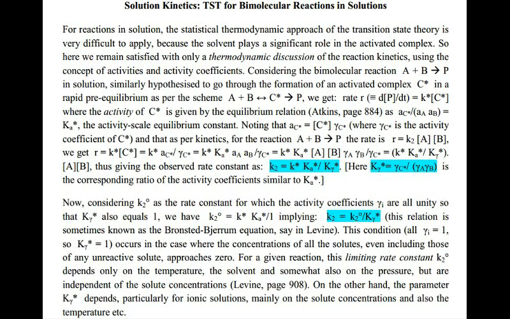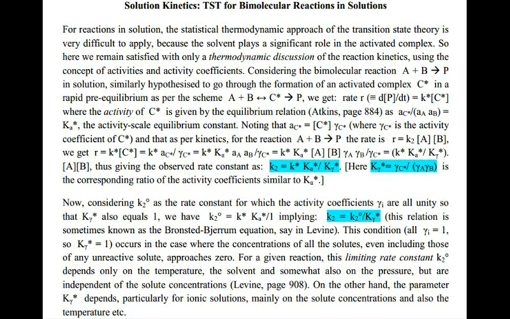Accordingly, we see that k2 will be equal to k* into K* divided by 1, where 1 stands for Kγ*. So the limiting rate constant k2⁰ is equal to the unimolecular rate constant k* into the thermodynamic equilibrium constant K*. This we write here.